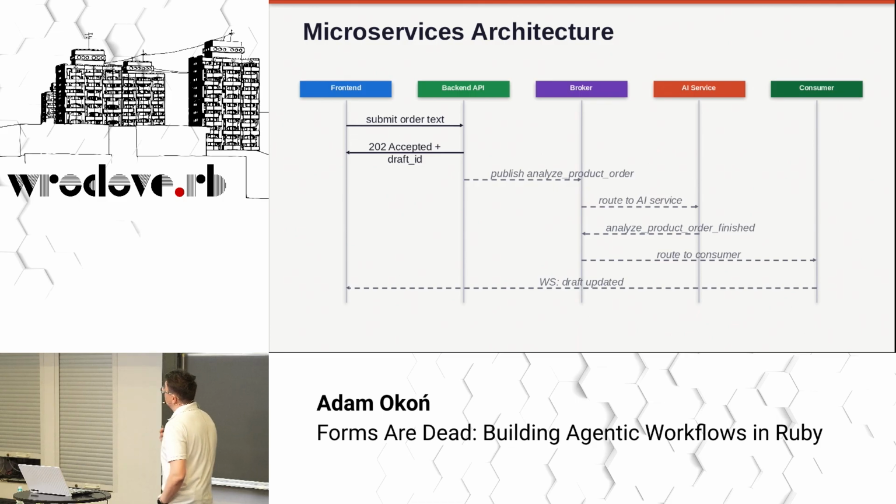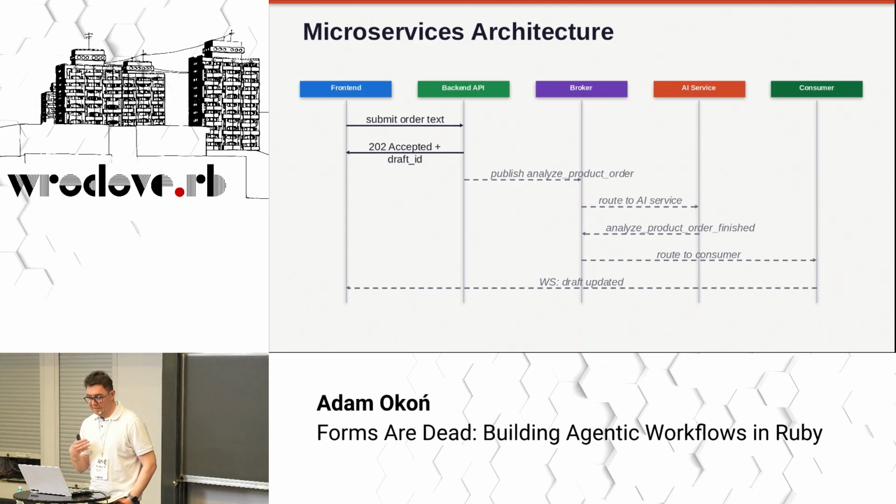So things here depend on what architecture you have, but inside the microservice world, it requires some additional complexity, like a message broker, depending on what you want to use.